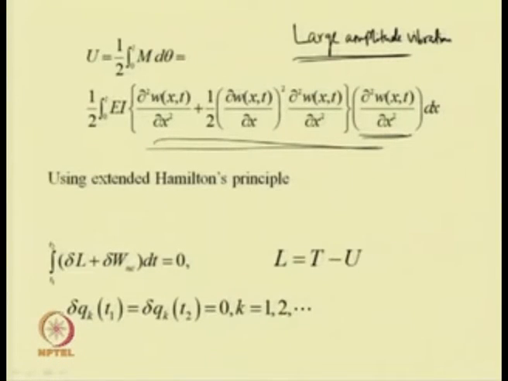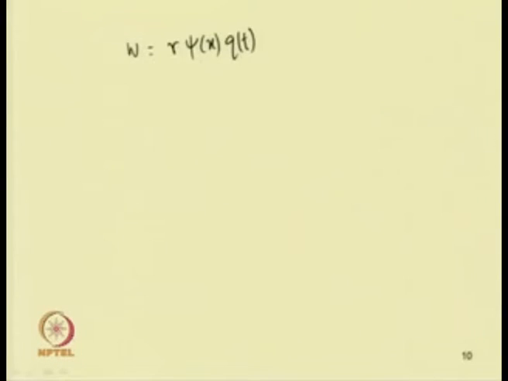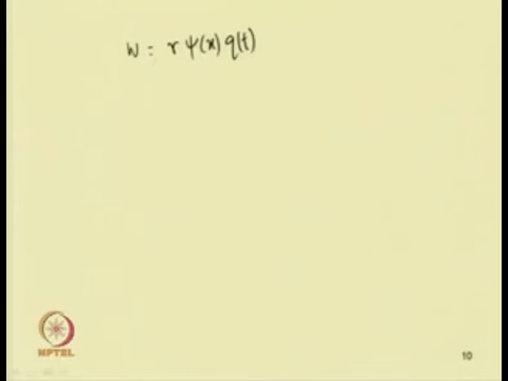So, either one can apply the Galerkin principle, or one can apply this equation, that is w equal to r psi x q t, in this u and v, and then apply this Hamilton principle, or after applying this Hamilton principle and getting the differential equation, one can apply this equation there to find the temporal equation.